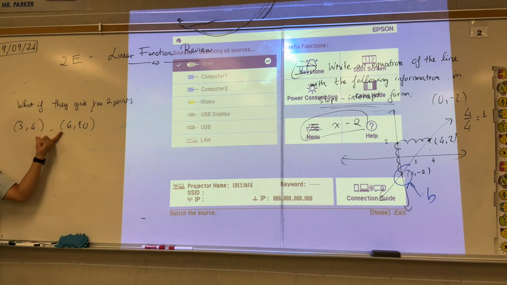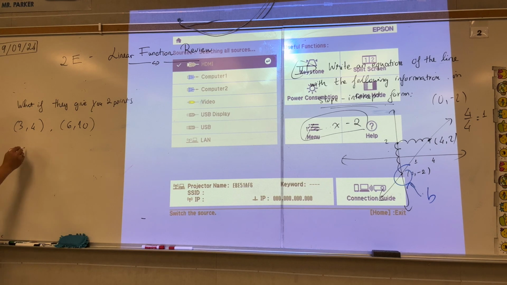First, you have 2 points. Can you find the slope? y2 minus y1 over x2 minus x1. You know the slope. You know 1 point. Can you write the equation? Same thing, right? Which point is better? This is a smaller number. You know what I mean?